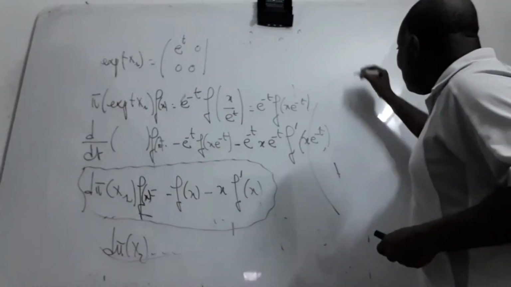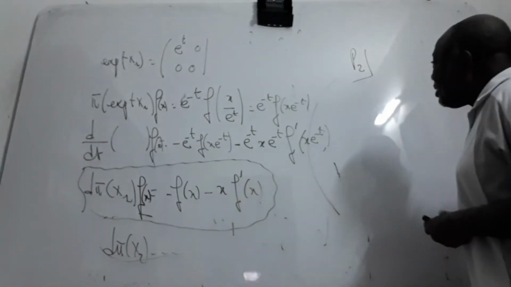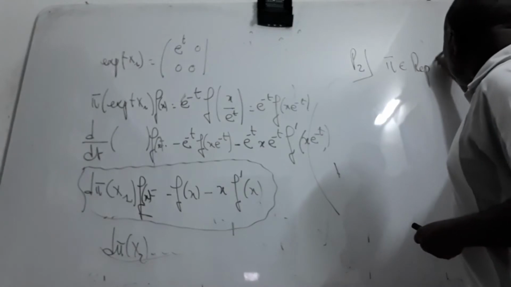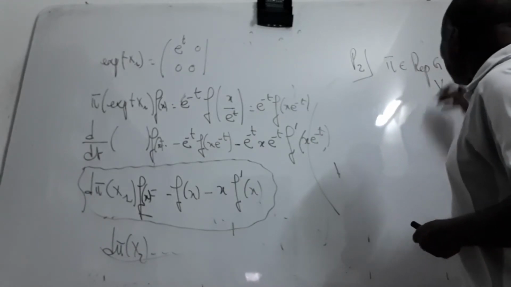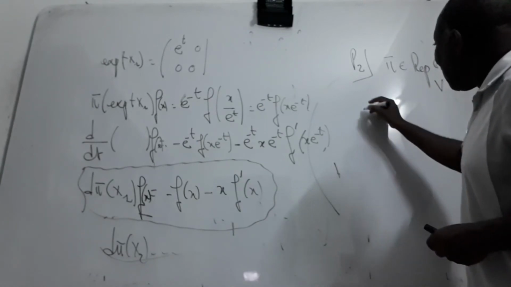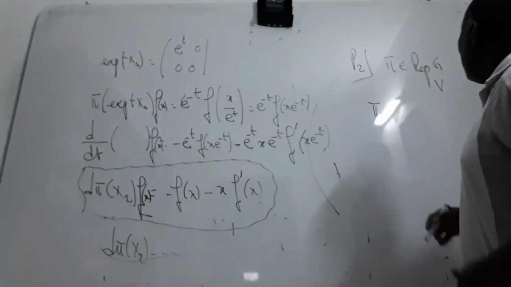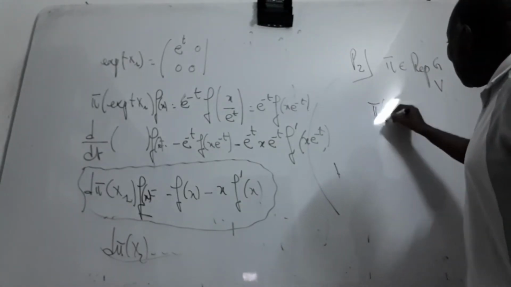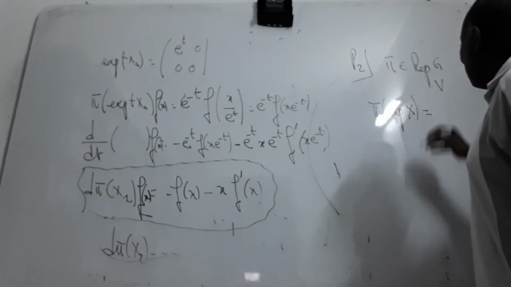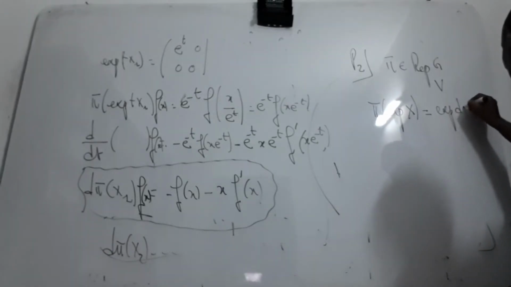And also the computation of pi of x2, we can do also. If pi is a representation of the group into this kind of vector space, you have this kind of relation: that pi of the exponential of x is also equal to the exponential of d pi of x.